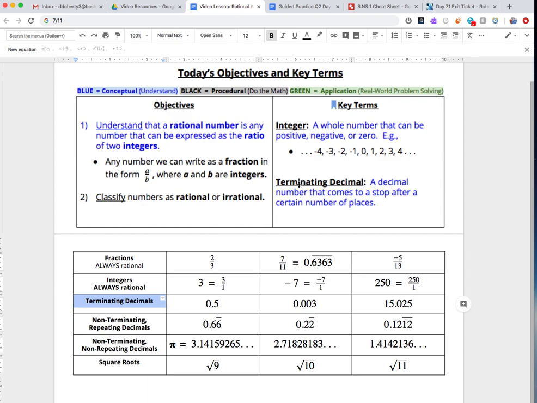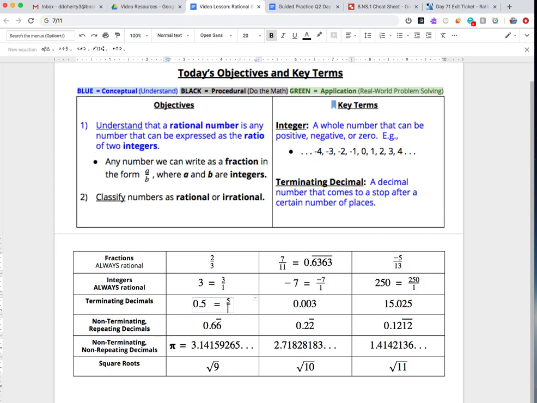Terminating decimals. This new term, terminating, just means decimal numbers that come to a stop at some point, and they could also be written as fractions. This has to do with our negative powers of 10. 0.5, we could move that decimal right once. We really know this is just 5/10, or 5 divided by 1 copy of 10. You would have called this number 5/10 in elementary school.